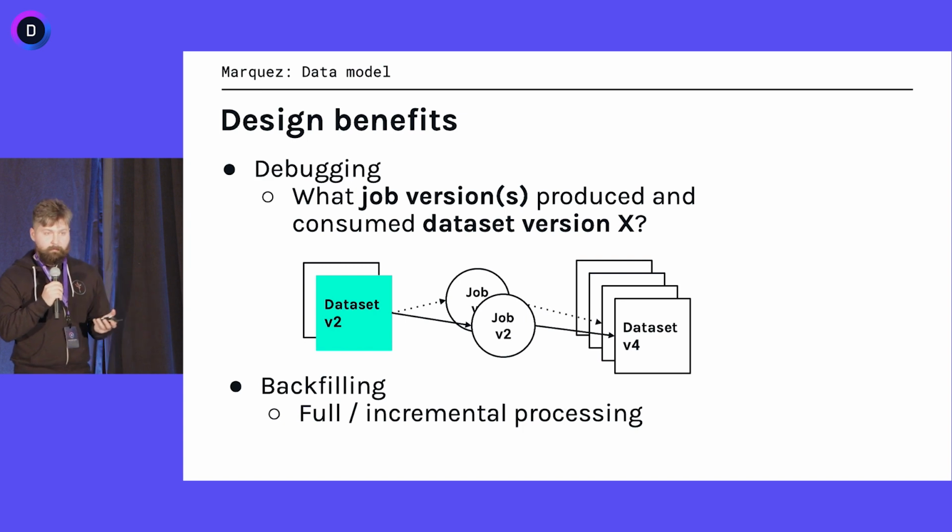So what are the design benefits? Why invest in, or why have, a model that captures all that information? Really, the debugging case. A lot of the time you're a data engineer, you're given some SQL from an analyst, like productionize this and run it once a day or weekly. But sometimes that code changes, that SQL does change.